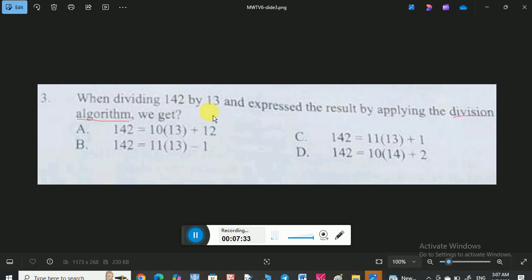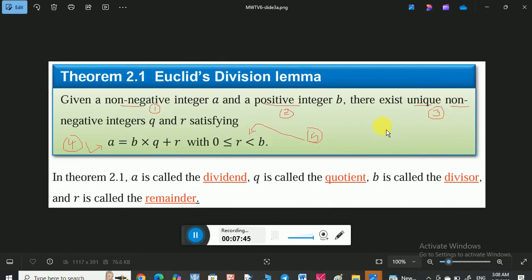When dividing 142 by 13 and expressing the result by applying the division algorithm, we get what? So what's the division algorithm? First, we have to recall this theorem, which is taken from the school mathematics textbook.